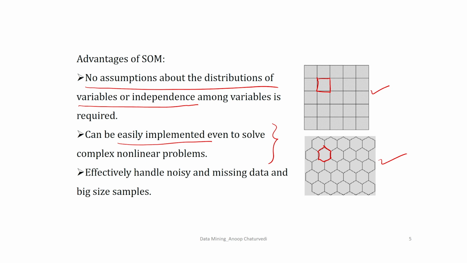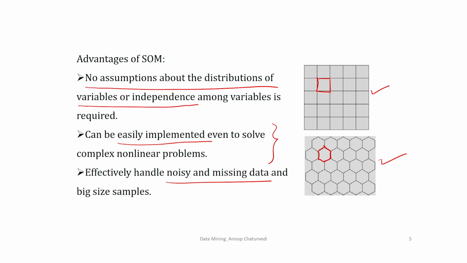It can effectively handle noisy and missing data. You remember that in most of the clustering algorithms, if you have noisy or missing data, then those algorithms fail or create problems.